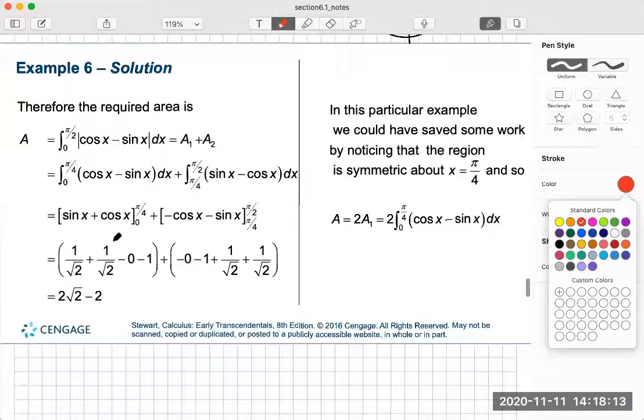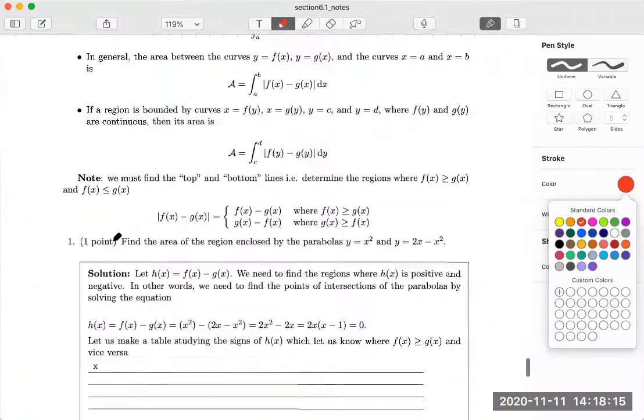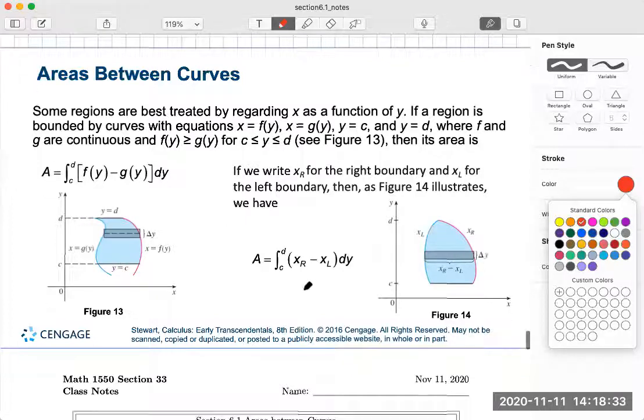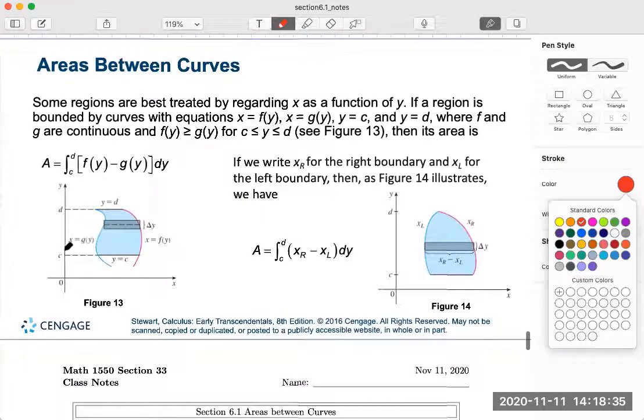And the last part is if we treat the function as x in terms of y, right? Then the idea would be the same. But now it would be the integral from c to d in the y direction.